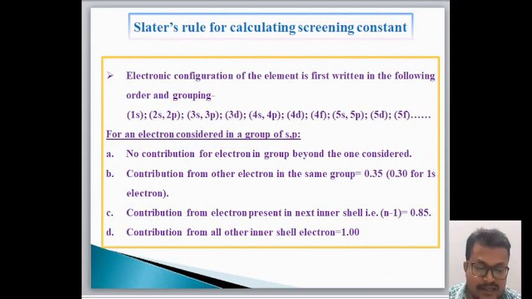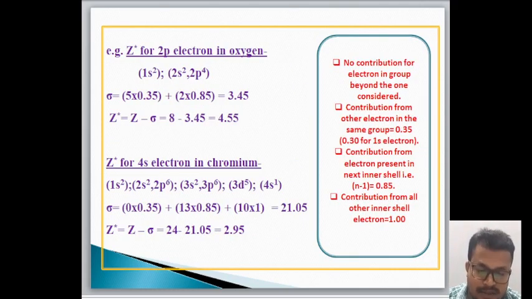Now let us understand this contribution of electrons to the screening constant with the help of an example. Suppose we are going to find the effective nuclear charge for a 2p electron in oxygen. The atomic number of oxygen is 8. If we group the electronic configuration of oxygen, it will be 1s2, 2s2, 2p4.